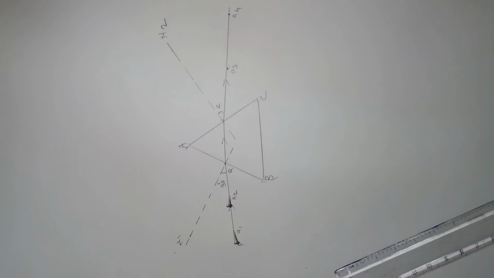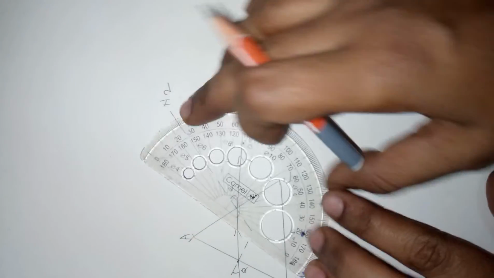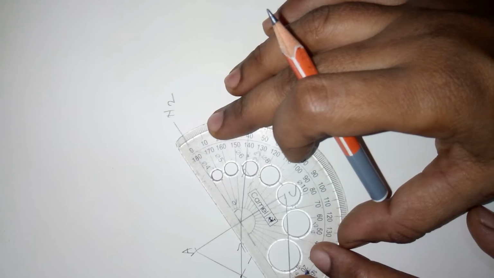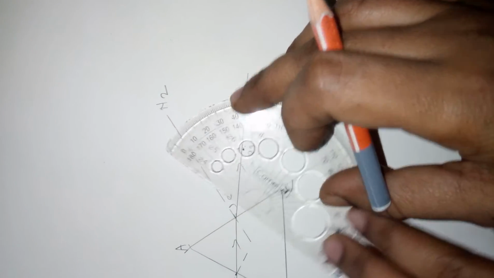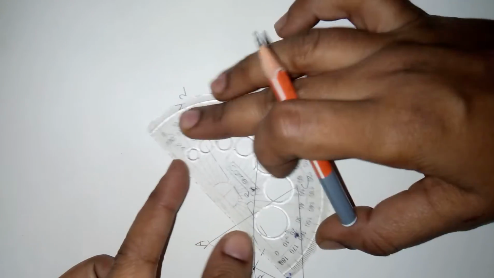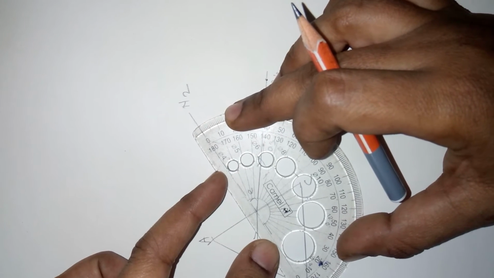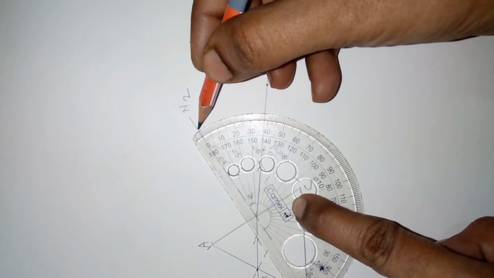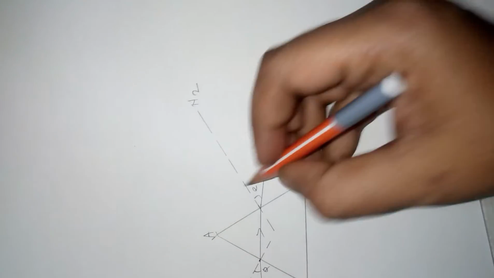Then now we measure the angle of emergence from this normal. See there, 0, 10, 20, 30, 40.